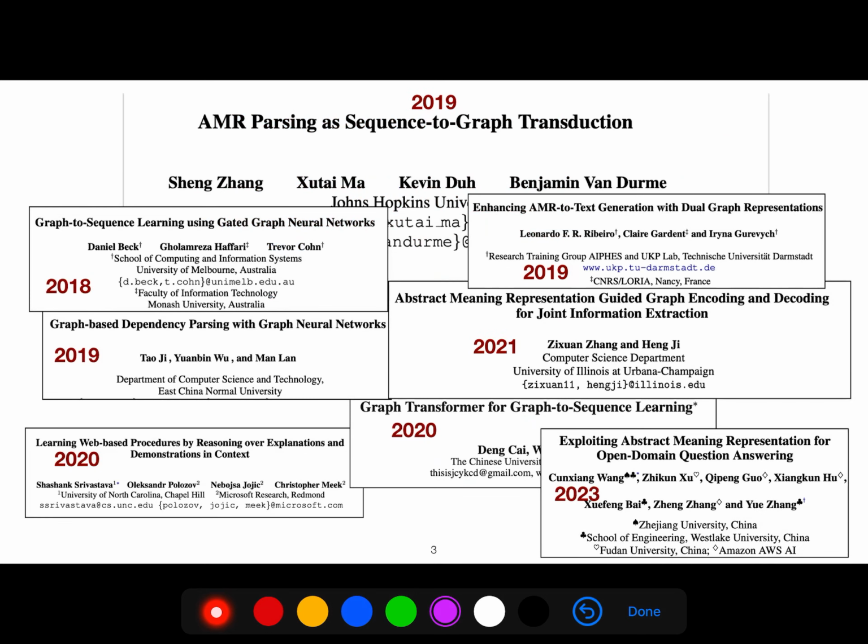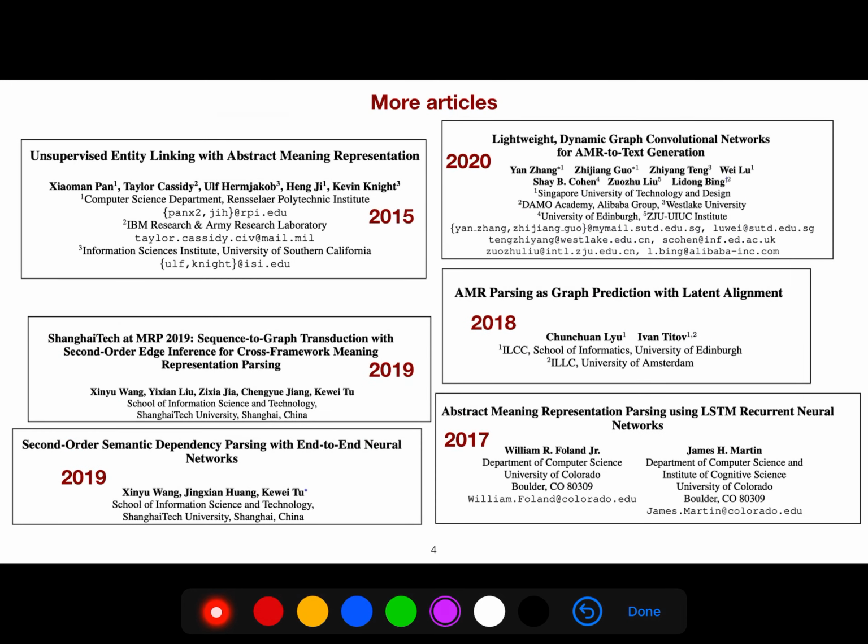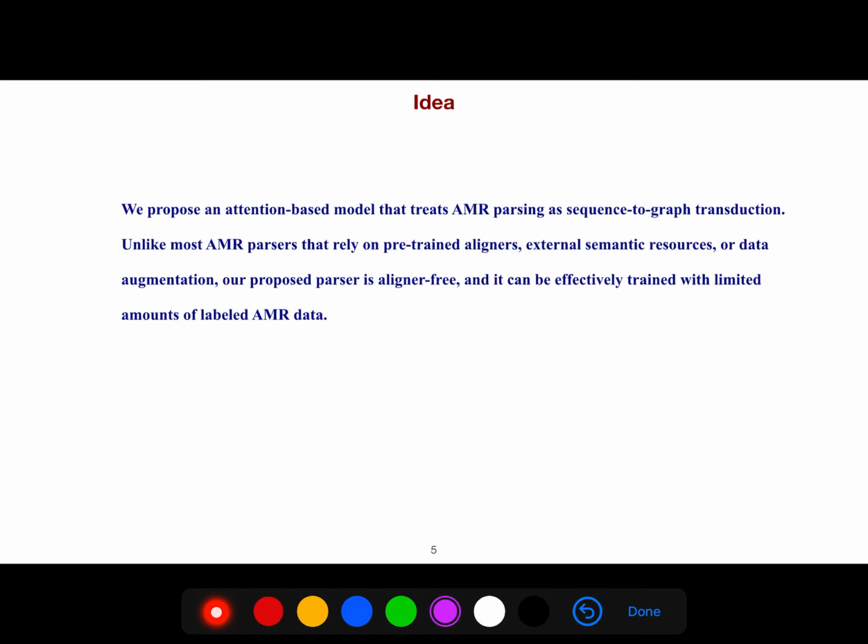So AMR parsing, we can see it as just sequence to graph transduction. But what kind of transduction am I talking about? It's a simple sequence to sequence model to obtain what concepts you need, and after that you just use the biaffine attention model of Professor Christopher Manning at Stanford, which is really beautiful for many problems.